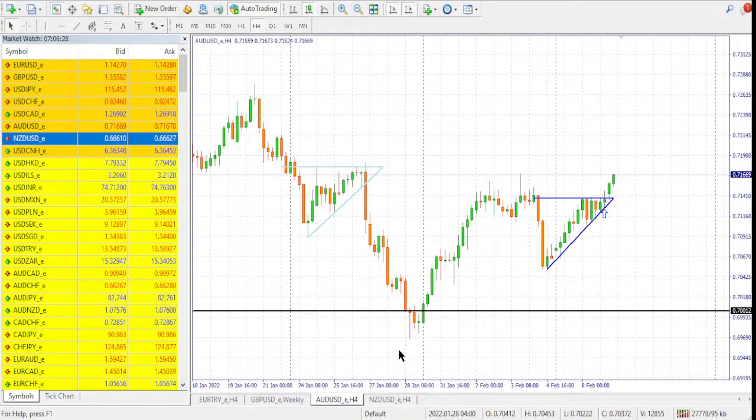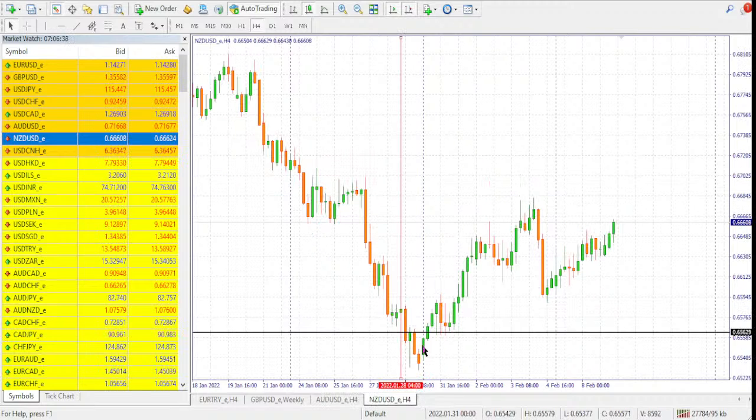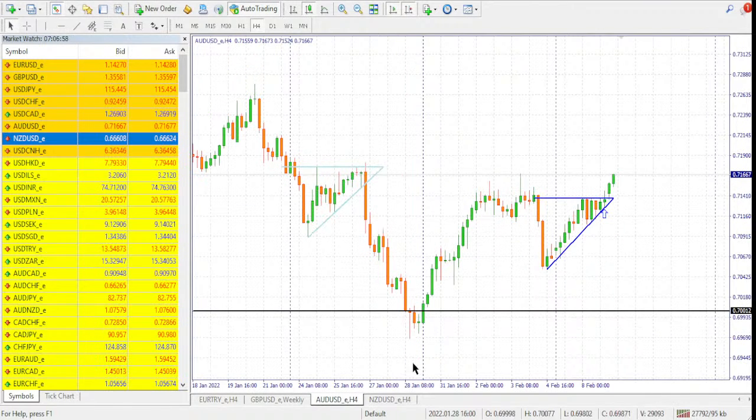We only step out when AUD/USD is below the low of this candle, and at the same time NZD/USD is also below the low of this candle. That's the moment when we step out. We step out when the same thing has happened on all those symbols. So remember, we entered this buy based on this pin bar, and we also entered this buy here based on this pin bar.